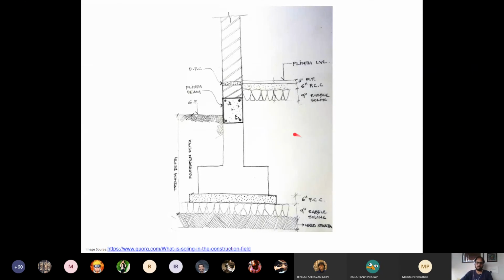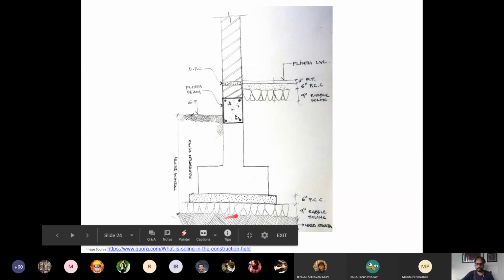Here's a very simple diagram cutting through the foundation of one of these structures. Right now it is showing brick over here, but it can also be a concrete column, with brick infill of course.